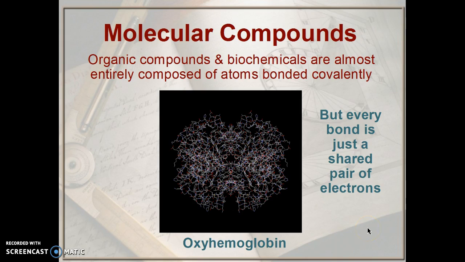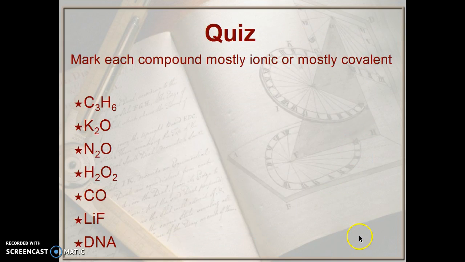Organic compounds and biochemicals are almost always entirely composed of atoms that are bonded together covalently. For instance, this is oxyhemoglobin, hemoglobin with oxygen attached. But every chemical bond in this huge molecule between two atoms is just one, maybe two, occasionally three pairs of electrons being shared.